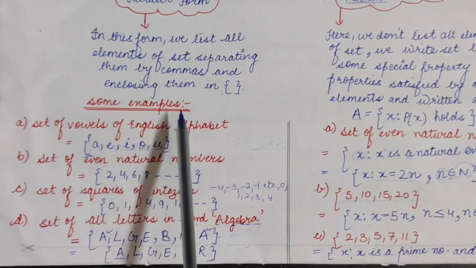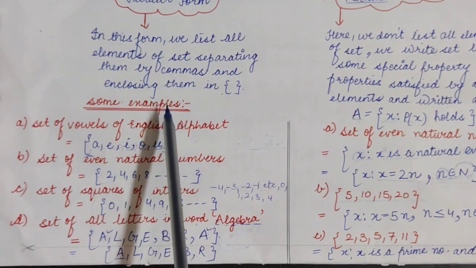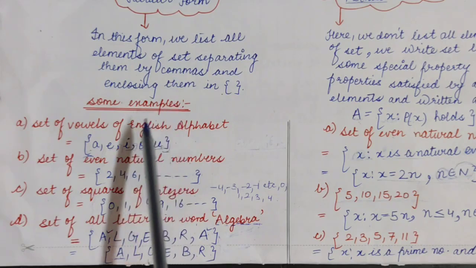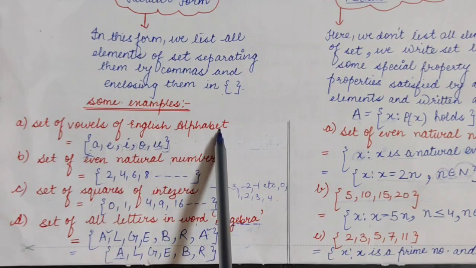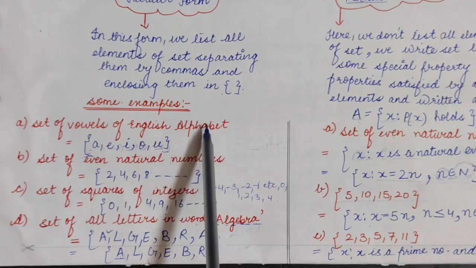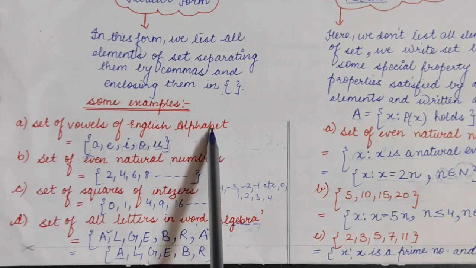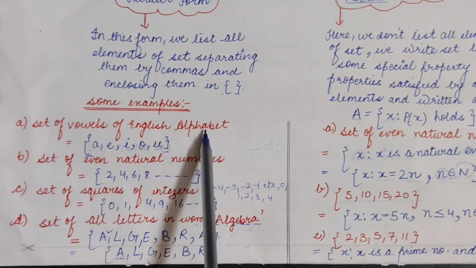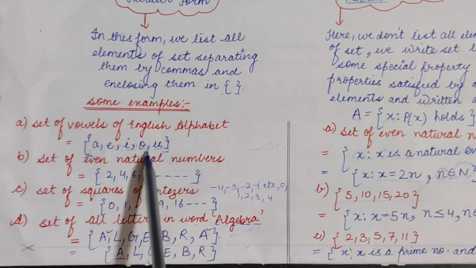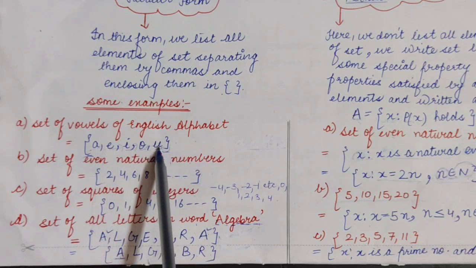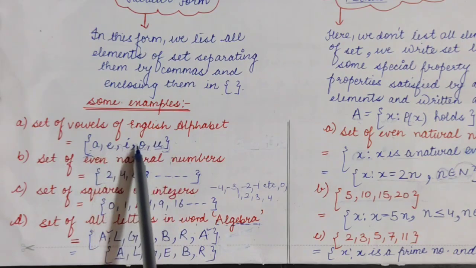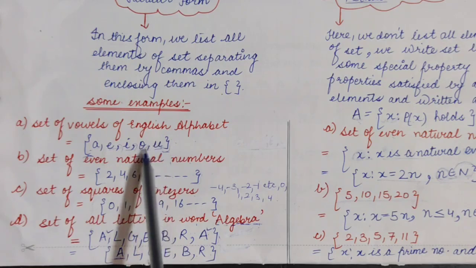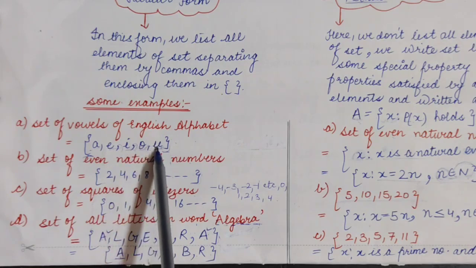Now we will do some examples for understanding roster form in a clear manner. Our first example is set of the vowels of the English alphabet. We know in the English alphabet 5 vowels are there, which are A, E, I, O, U. So these 5 vowels we have to write in the curly brackets, and between these 5 elements we have to insert commas, because according to the roster form we have to do two works.